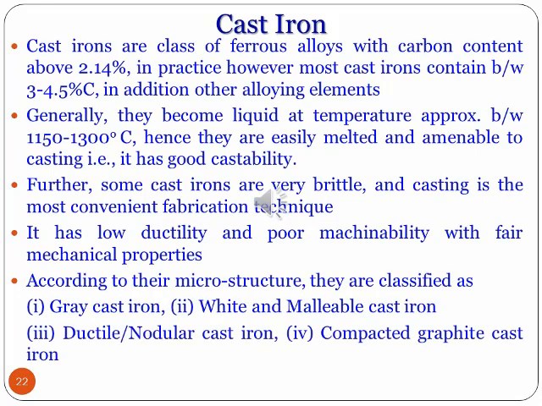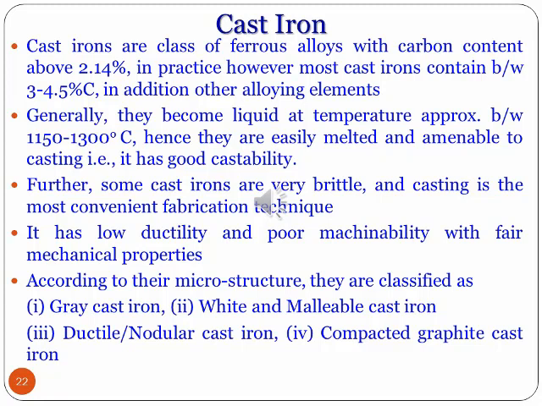Next is cast iron. Cast irons are a class of ferrous alloys with carbon concentration above 2.14% in practice. However, most cast irons contain between 3 to 4.5% carbon in addition to other alloying elements. Generally, they become liquid at temperatures approximately between 1150 degrees Celsius and 1300 degrees Celsius.